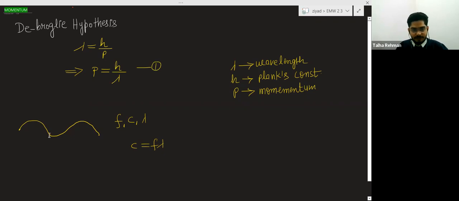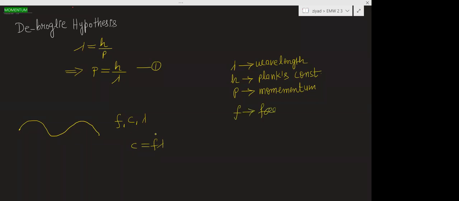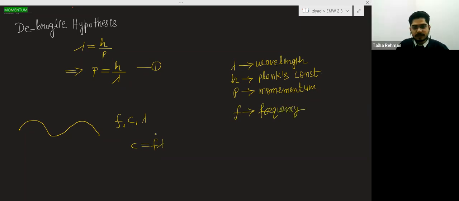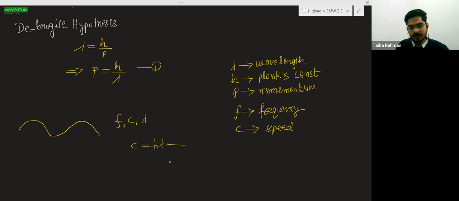Now, if there is a wave having frequency f, speed of wave c, and lambda is the wavelength, there is a relation between the speed of the wave, frequency, and wavelength: c is equal to f lambda.